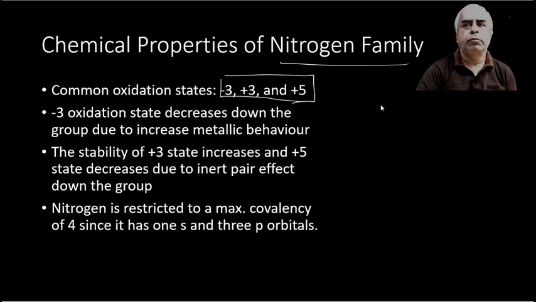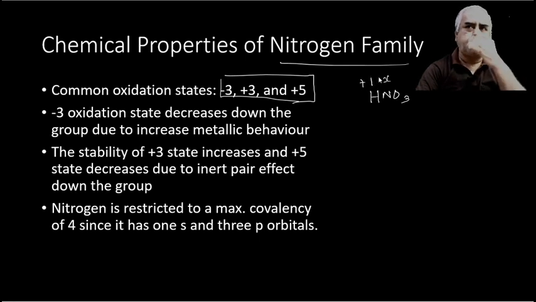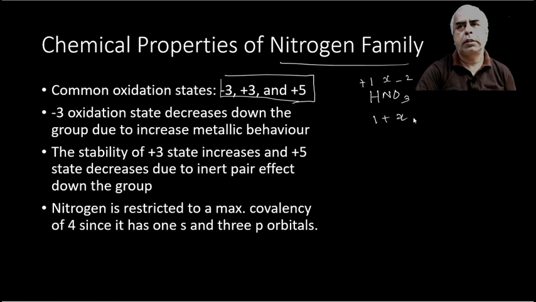For example, let us consider nitric acid, HNO3. Let us calculate the oxidation number of nitrogen in nitric acid. We know the oxidation number of hydrogen is +1 and oxygen is -2. So 1 plus X plus 3 into -2.